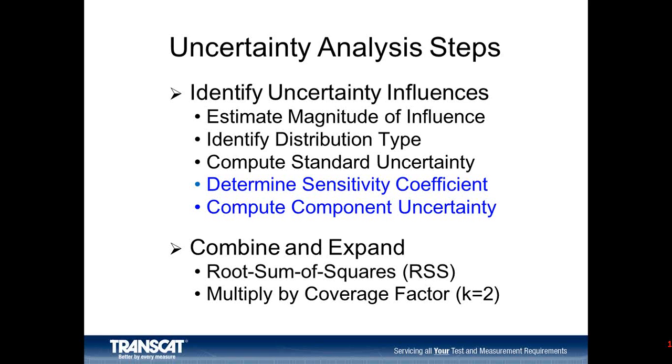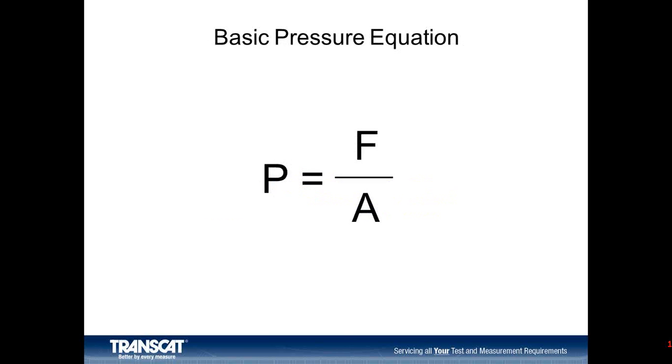As we accumulate this list of influences, it is likely that some of these will have different engineering units, different units of measure, and we'll have to account for that before we combine those into a composite representation of the process.